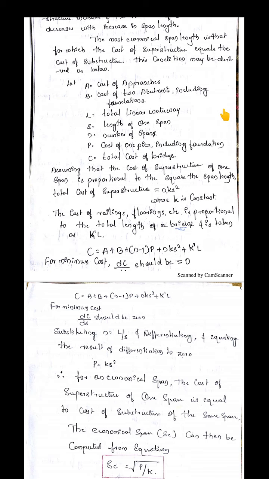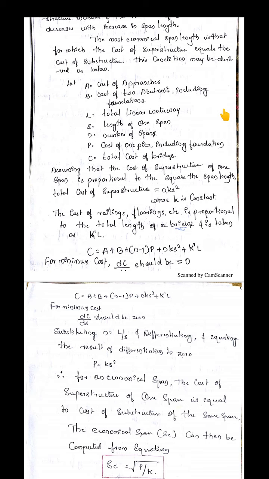We will substitute n equal to L by S. I will explain once again why n equals L by S. L is the total length of the bridge, which includes a number of spans. S is the length of one span.